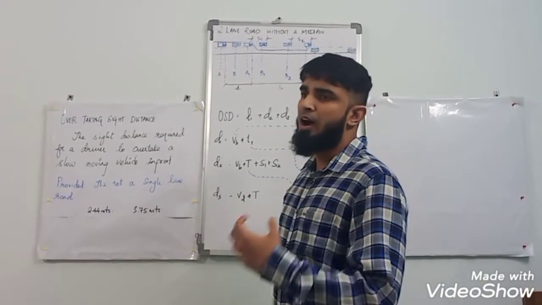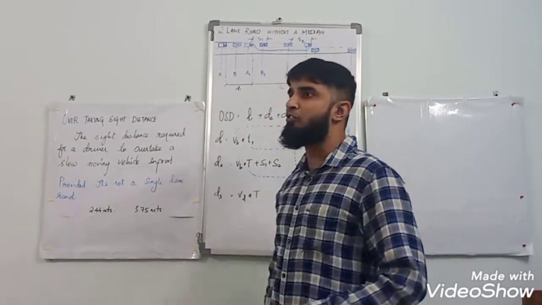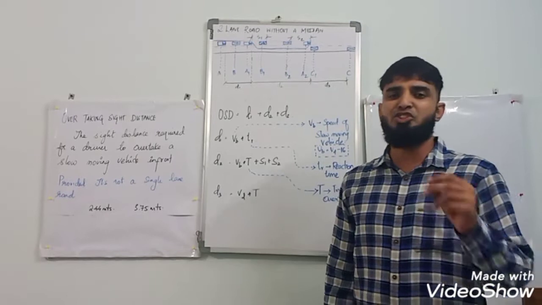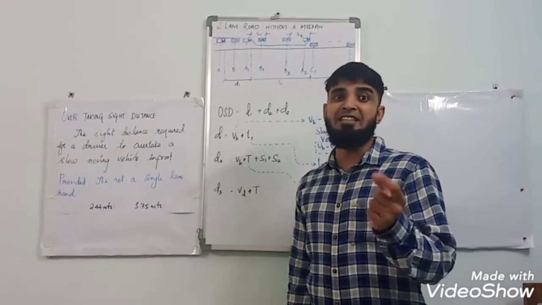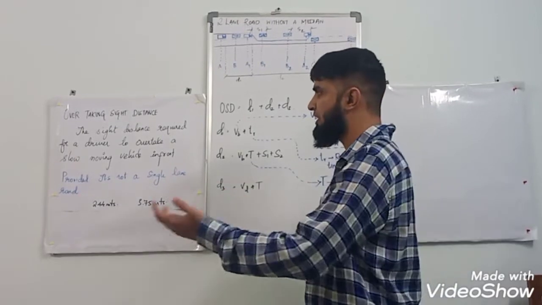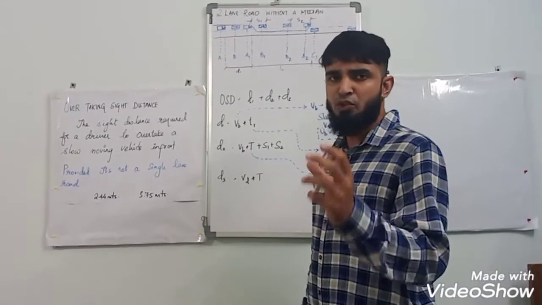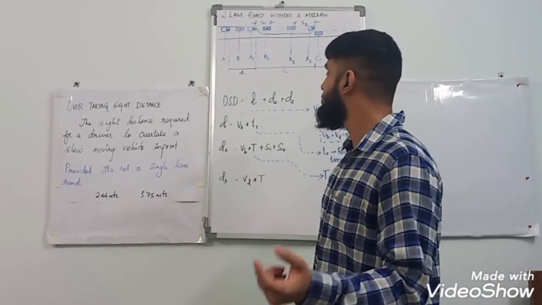Okay, now our assumption is this: the driver of vehicle A wishes to drive at the design speed. If you have studied previous topics, for example sight distance and similar topics, you would know what exactly this design speed means.